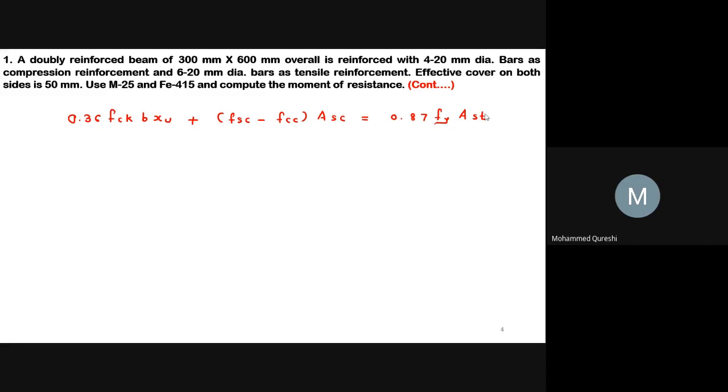Here all the values are known except the depth of neutral axis XU.